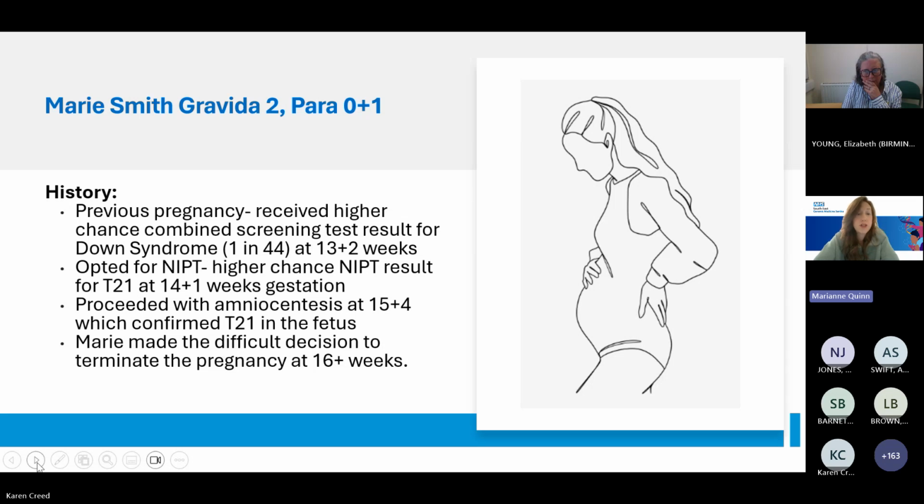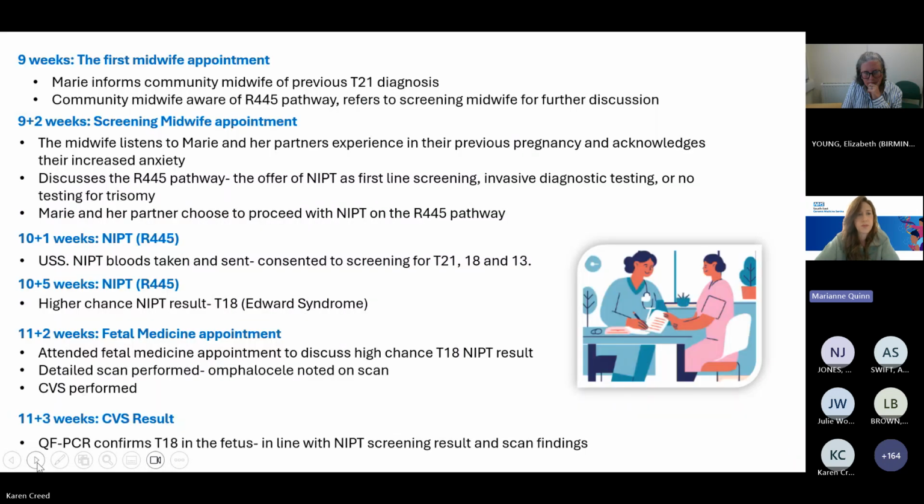As part of the fetal anomaly screening programme, she opted for NIPT, and she received a higher chance NIPT result for T21 at just over 14 weeks. She chose to proceed with an amniocentesis for diagnosis, carried out at 15+4, which confirmed that baby did have trisomy 21 or Down syndrome. And Marie made the very difficult decision to terminate this pregnancy at just over 16 weeks.